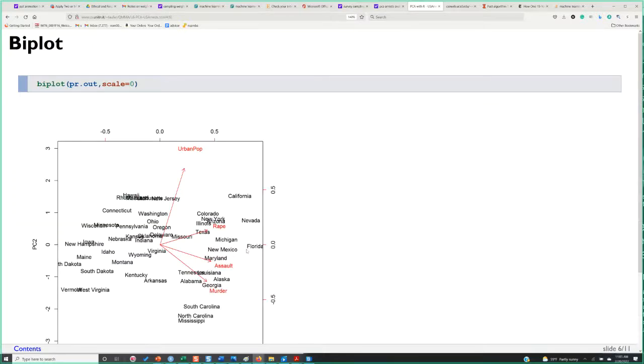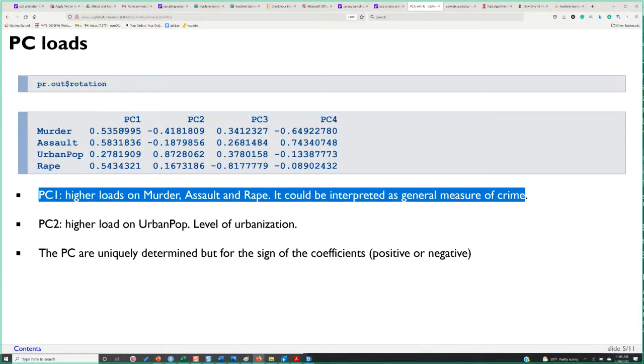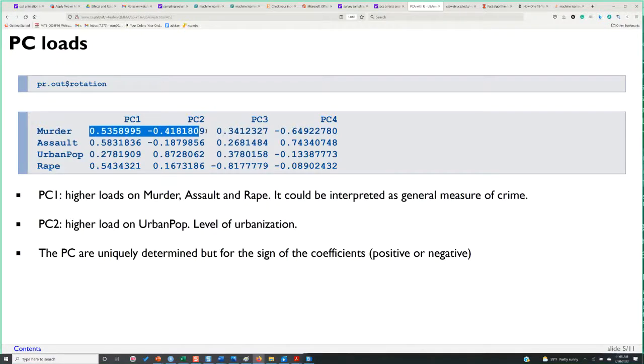Now, you can take this PC1 vector and PC2 vector. That means if you take only PC1 and PC2, you have only two dimensions, so you can plot the points in a two-dimensional plane.